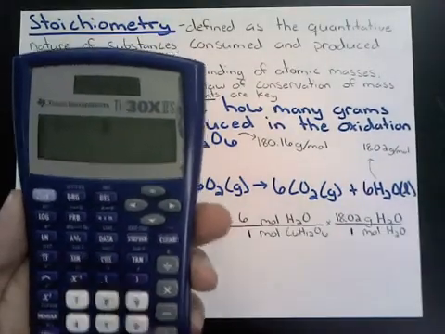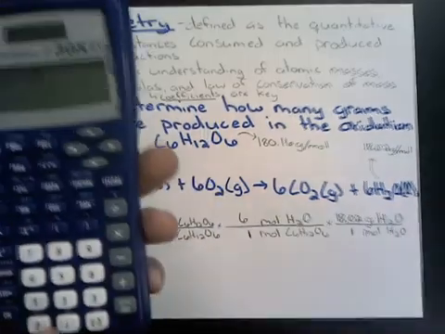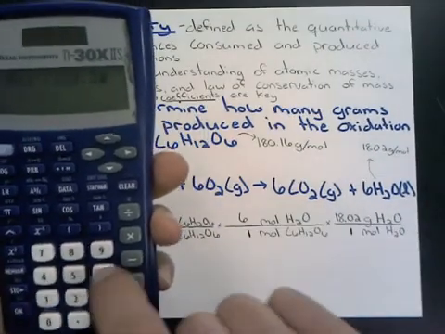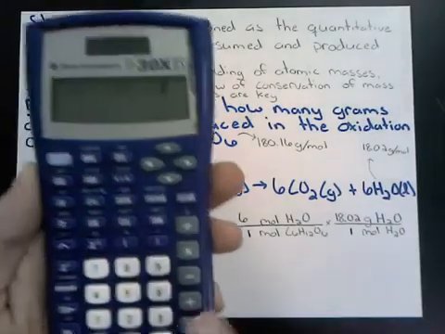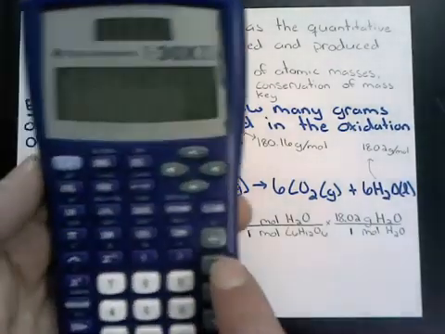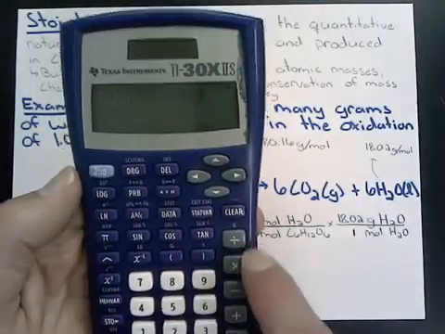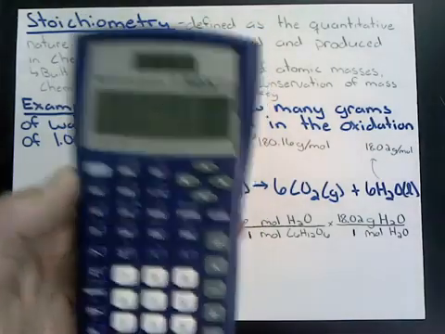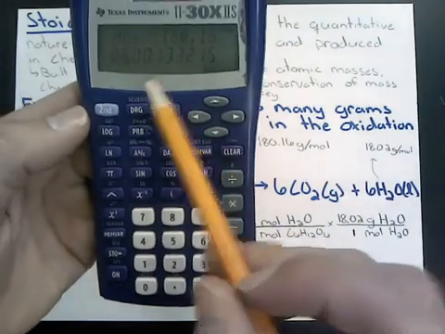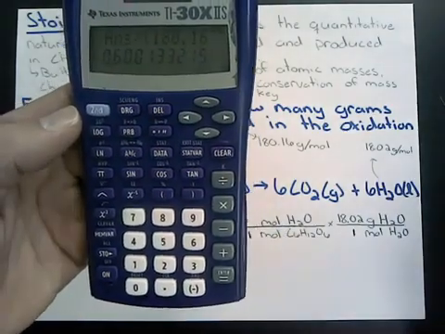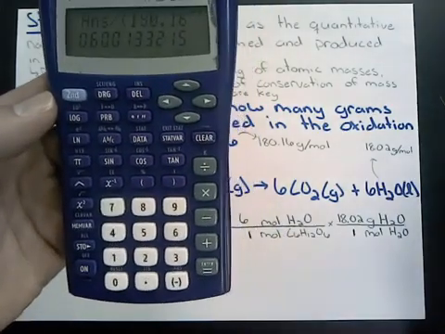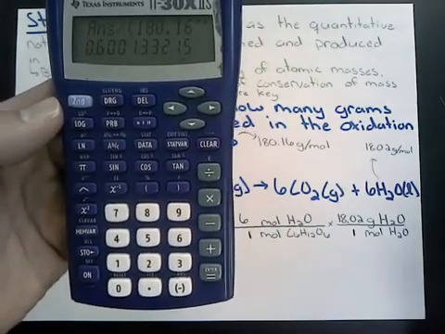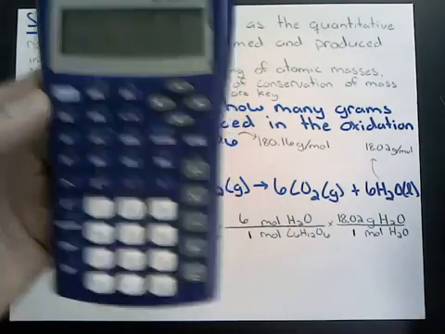So on bottom I have, again, open that set of parentheses, 180.16 times 1 times 1. Close the parentheses, we press enter, and in our number value here, we get 0.600 grams of water produced.